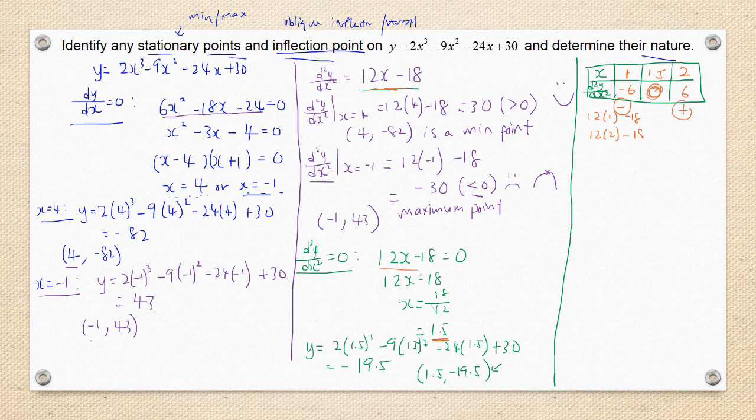So this negative became 0 and then became positive. Pay attention here, the sign changes from negative to positive. So this tells me that the point (1.5, -19.5) is an oblique inflection point. Okay, so that's it.